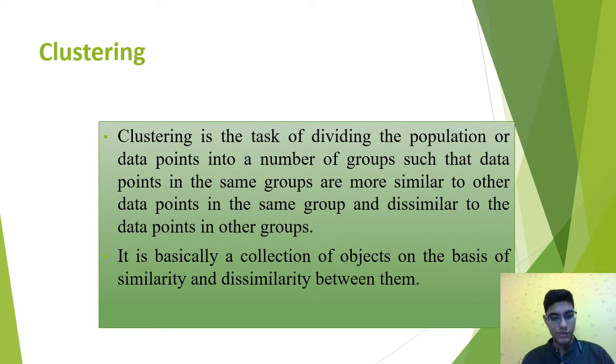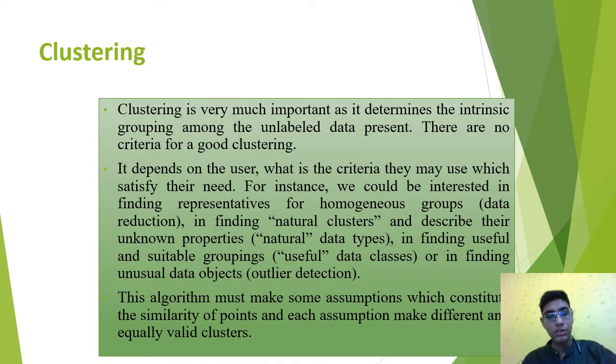This is clustering. Now coming on, what are the properties of clustering? Clustering is very important as it determines the intrinsic grouping among the unlabeled data present. There are no criteria for a good clustering. So there will be data which will be unlabeled, and now we will use the clustering process. The important key point here is that clustering will be identifying the similarities and dissimilarities between them.